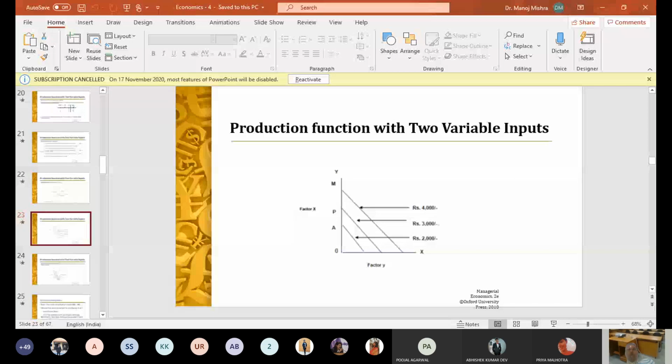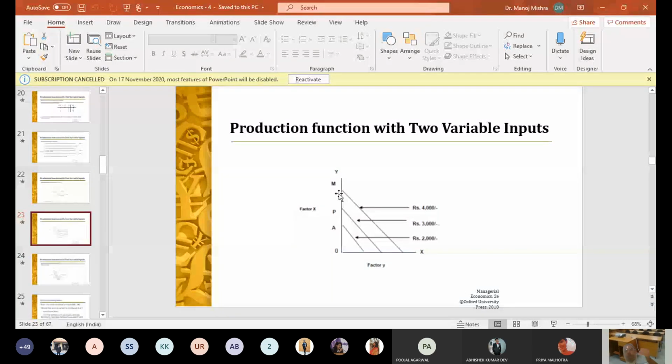So now, like we had the isoquant map, we can have the isocost map as well. Here, on each of these lines, different costs are applicable. On line AB, 2000, on the next line 3000, and on MN 4000.